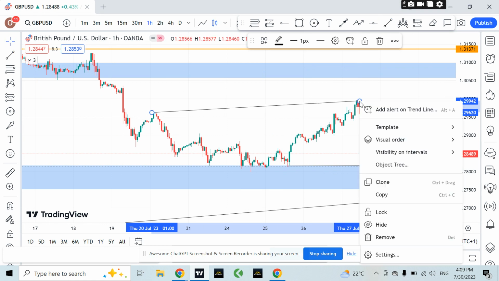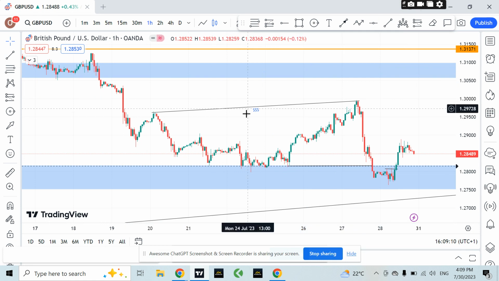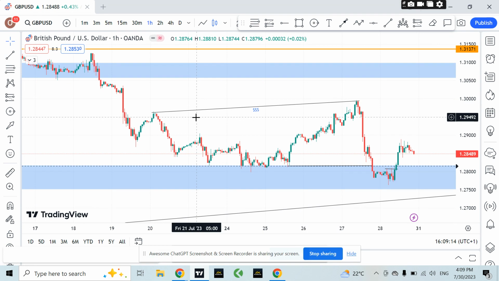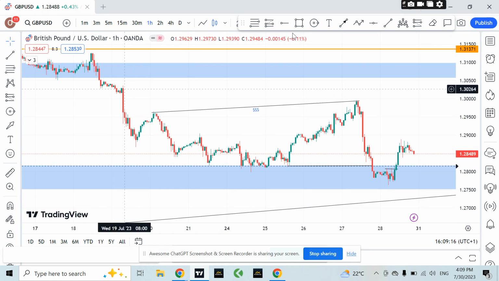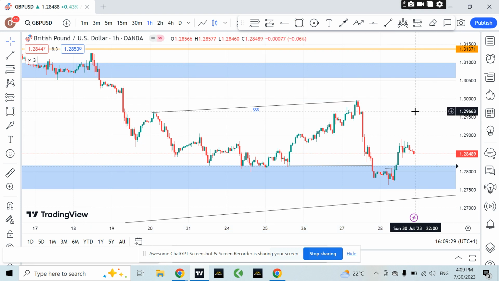So there's money lying here. So the market can clear this, and note this is another zone here which the market can still respect. But I'm not going to mark that.